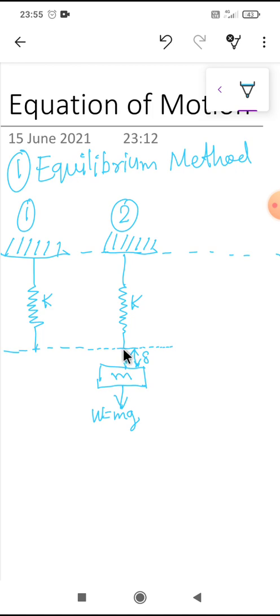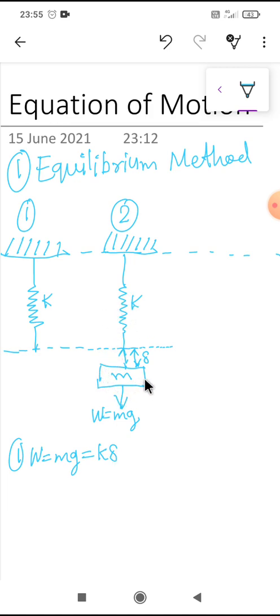That force is k delta, where k is the spring stiffness and delta is the amount of displacement of the spring. So we got our first equation, that is W equal to mg is equal to k delta.